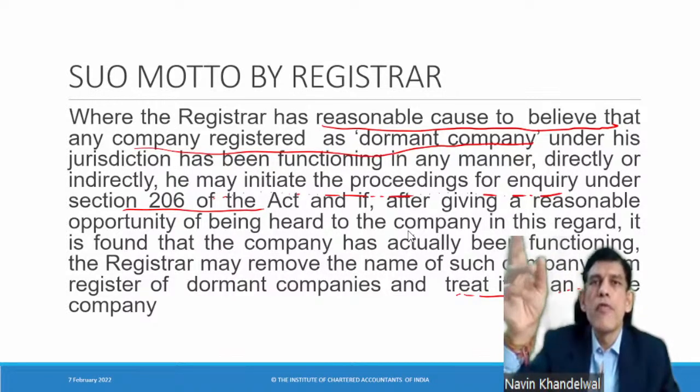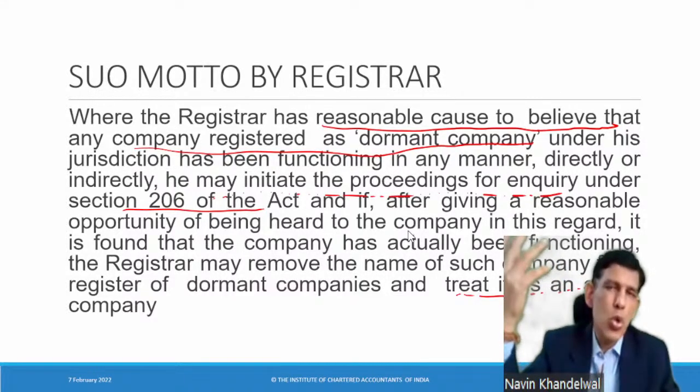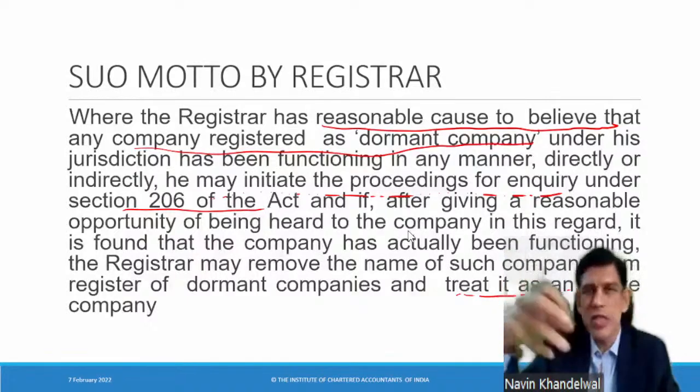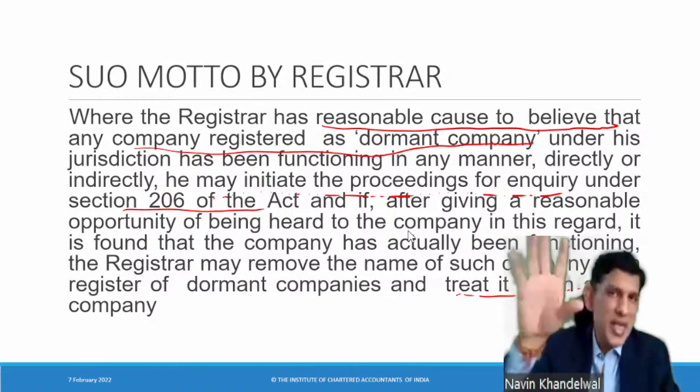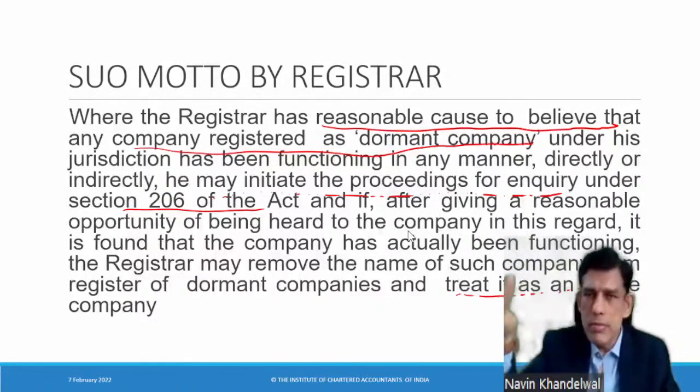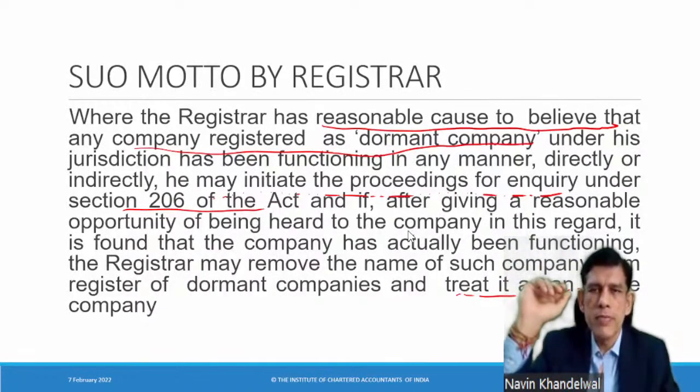And third, when the registrar has got reasonable belief based on certain information, and after doing an inquiry under 206, it may remove the name from the status of dormant company and classify yourself as an active company.